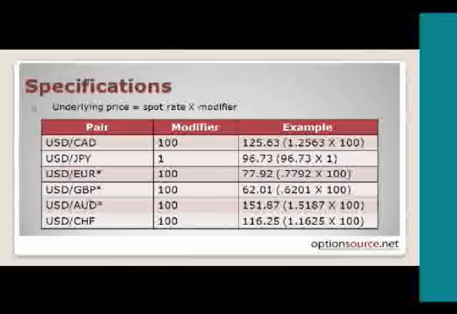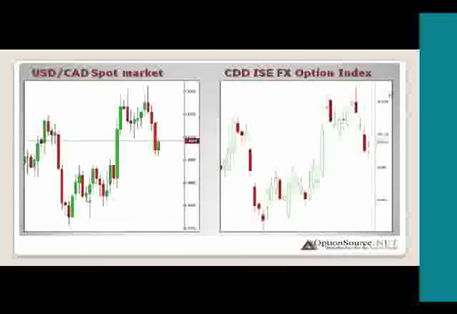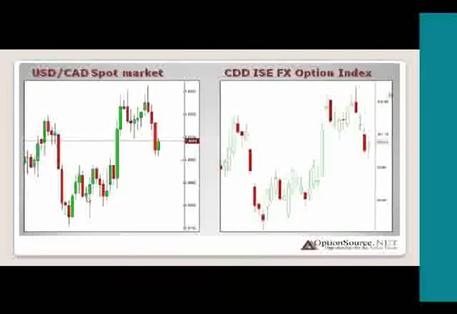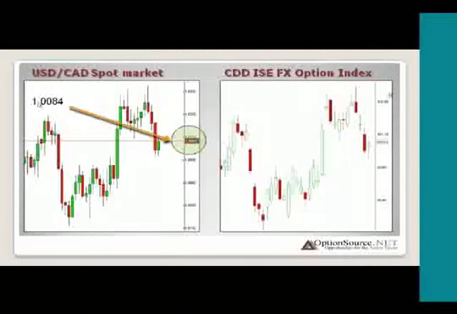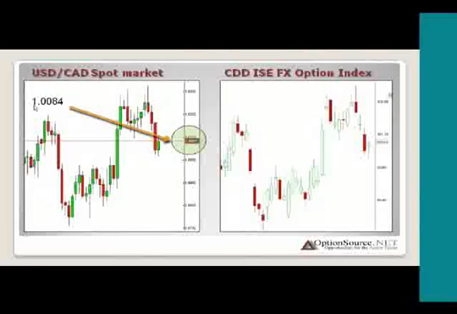Okay, so how that's essentially going to look, for example, let me just first of all highlight the close parity between the spot market and the option market. And incidentally, you can see here that we were trading, this is going a while back, at 1.0084 U.S. dollar versus Canadian dollar in the spot market.